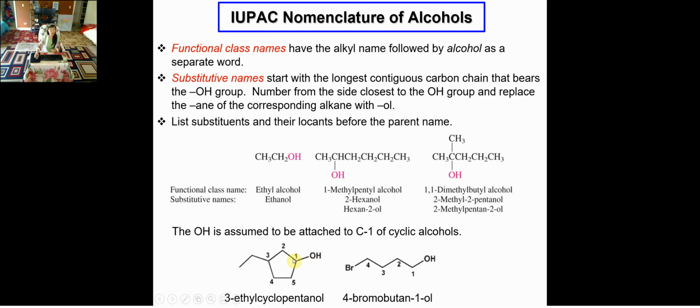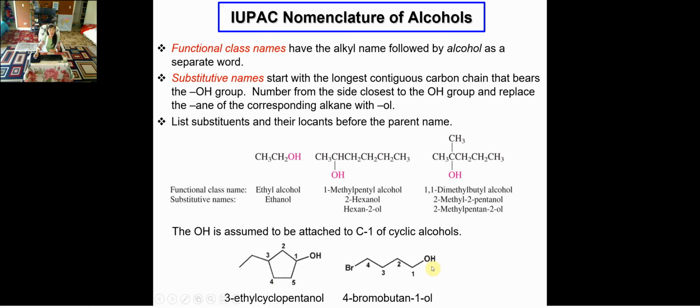So carbon 1, 2, 3, 4, 5. You find there's an iso group, an iso substituent. Make sure this is located at the smaller locant. So you have 3-iso cyclopentanol. The pentane changes to pentanol. This cyclo compound is called cyclopentanol.